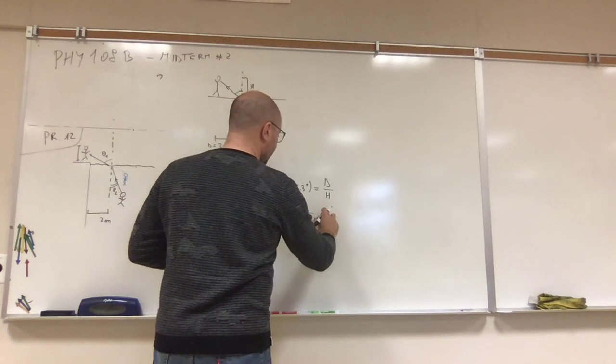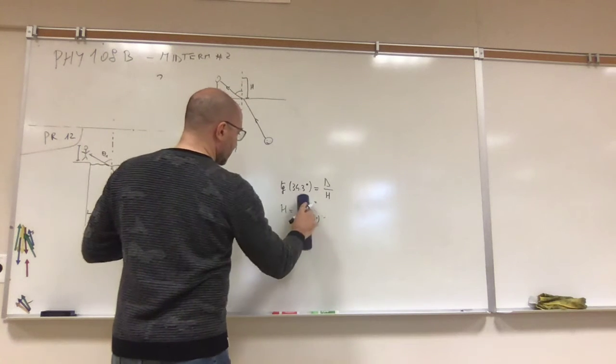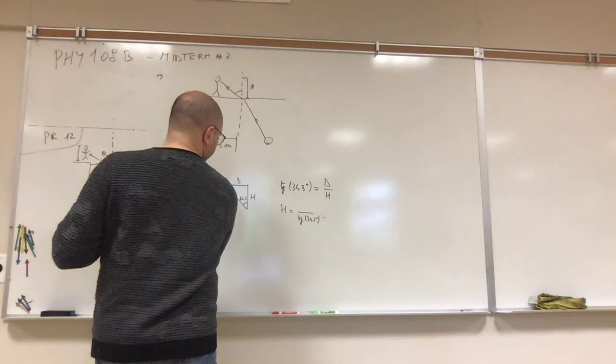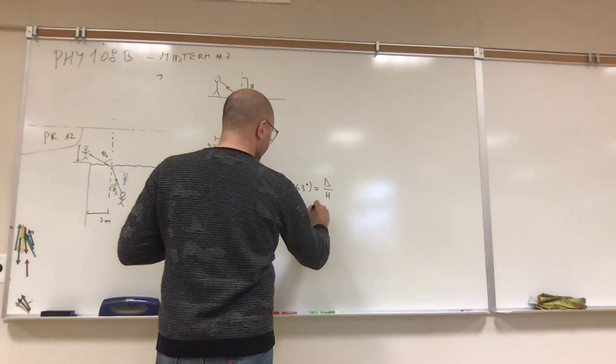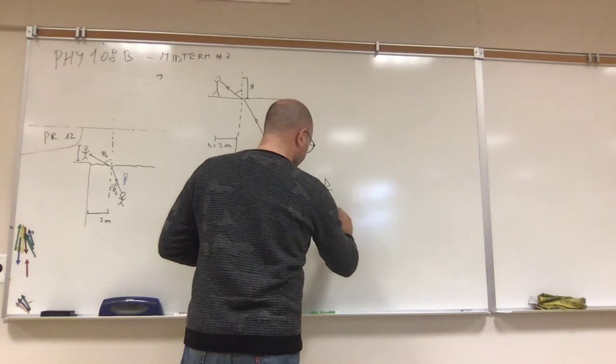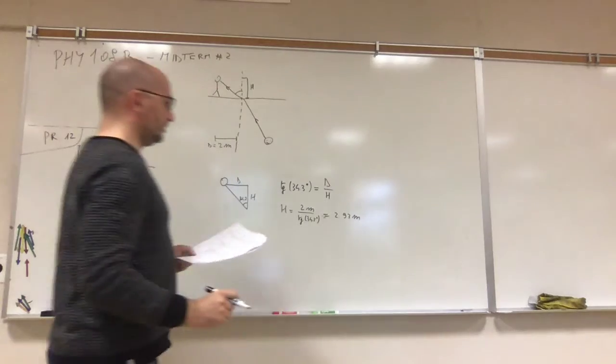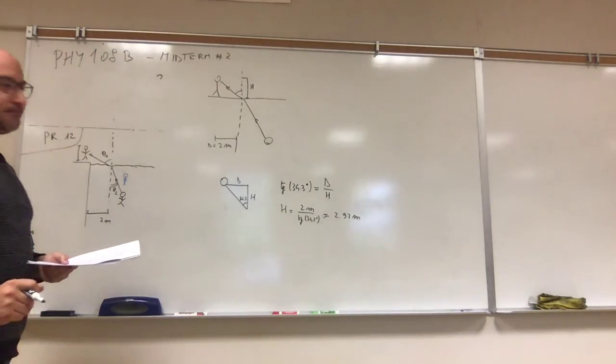D is 2 meters. Divided by that number, we got 2.93 meters.